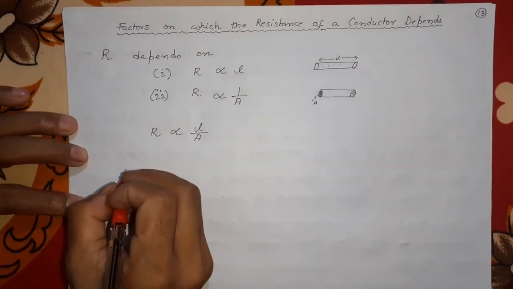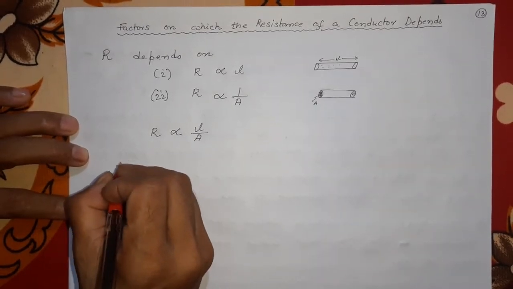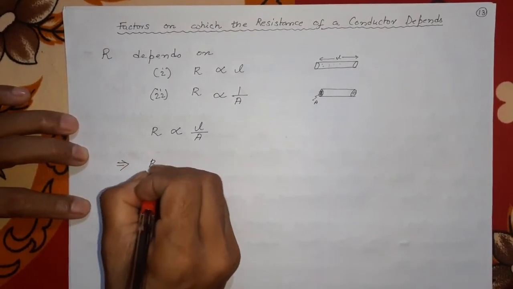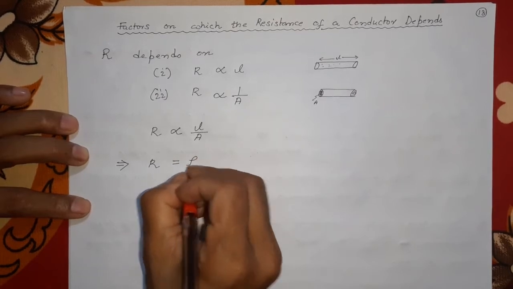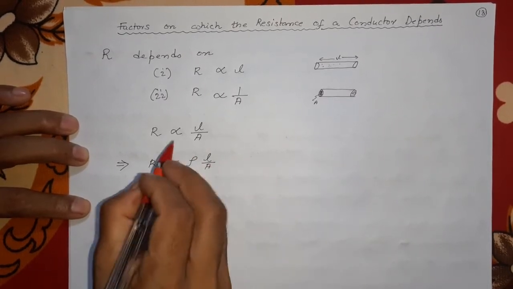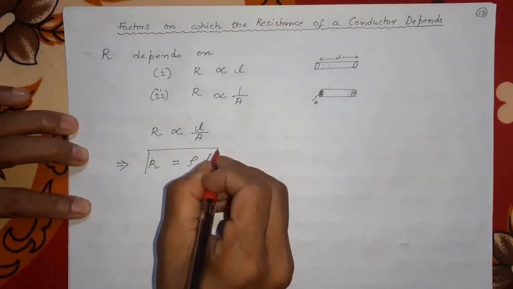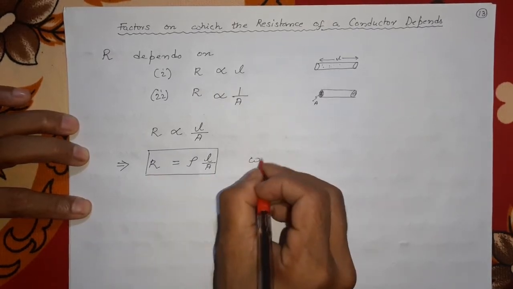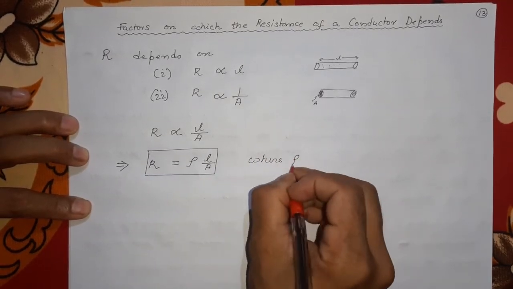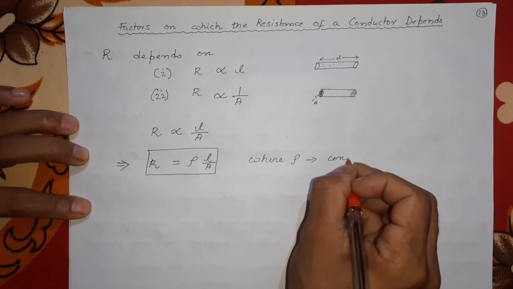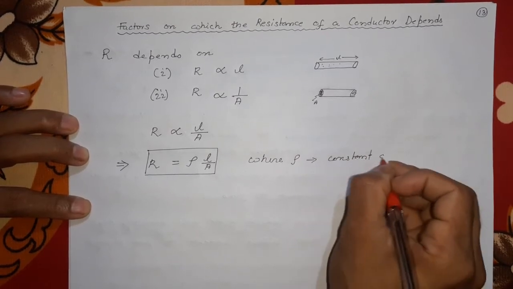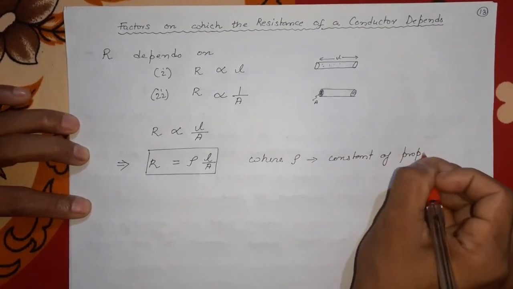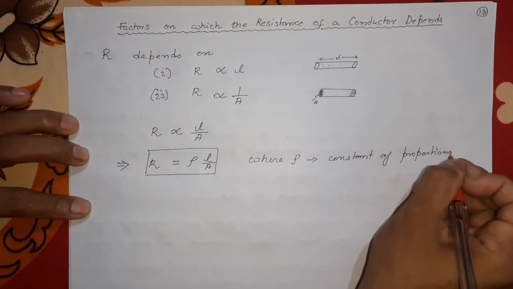Now one more thing on which it will depend is that R is equal to rho L by A. This rho is the constant of proportionality.